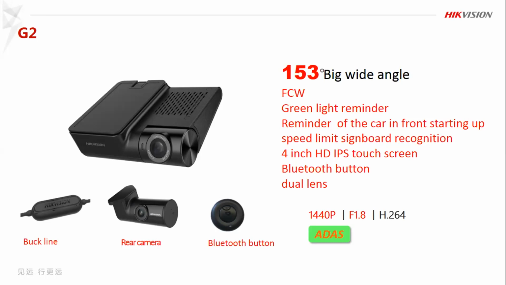But this needs 4G function, so you have to install a SIM card in this dash camera. This camera supports 4G mode, and you just need to buy a 4G module, and then you can use this function and see the image.